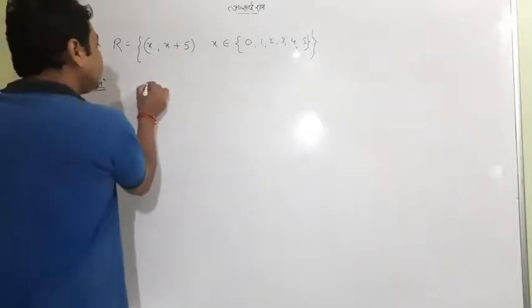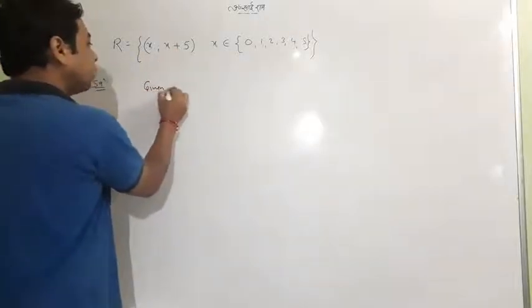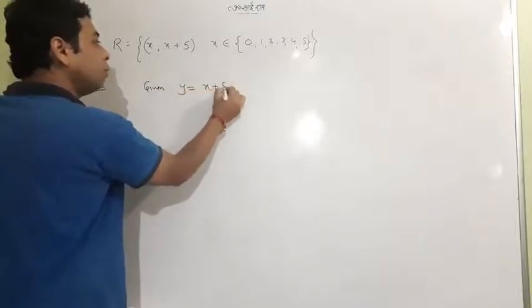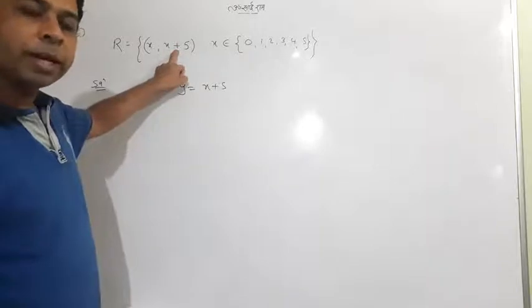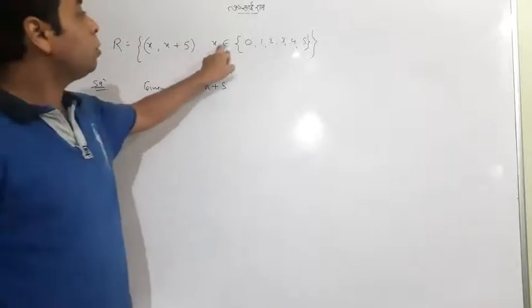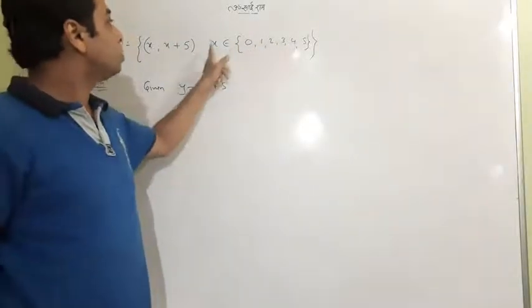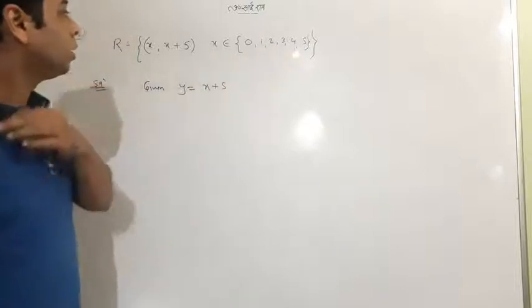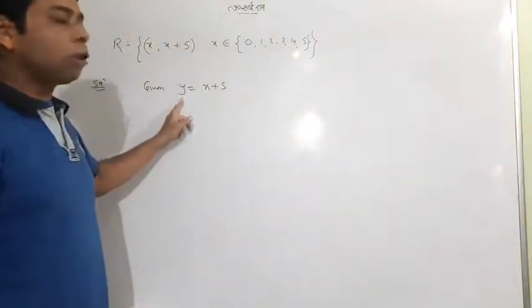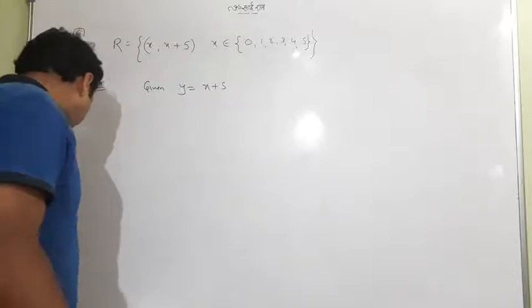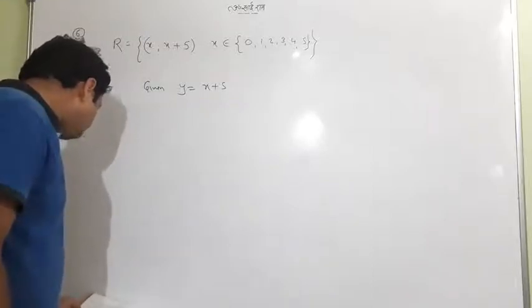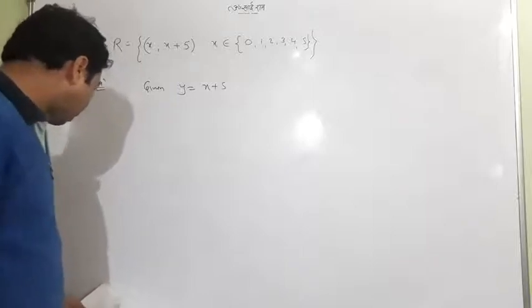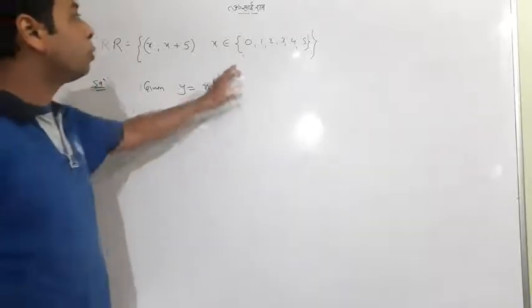You can also take it as given that y is x plus 5. You can write it, it is not wrong. And y is the second element. And x belongs to this set, we are told. The restriction of y is not given to us. It is only told that we determine the domain and range of the relation defined by R equal to this, when x belongs to this set.